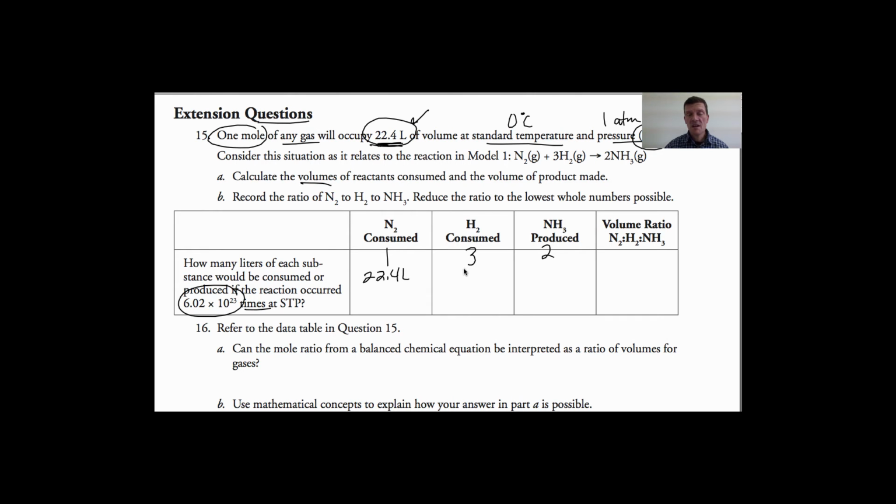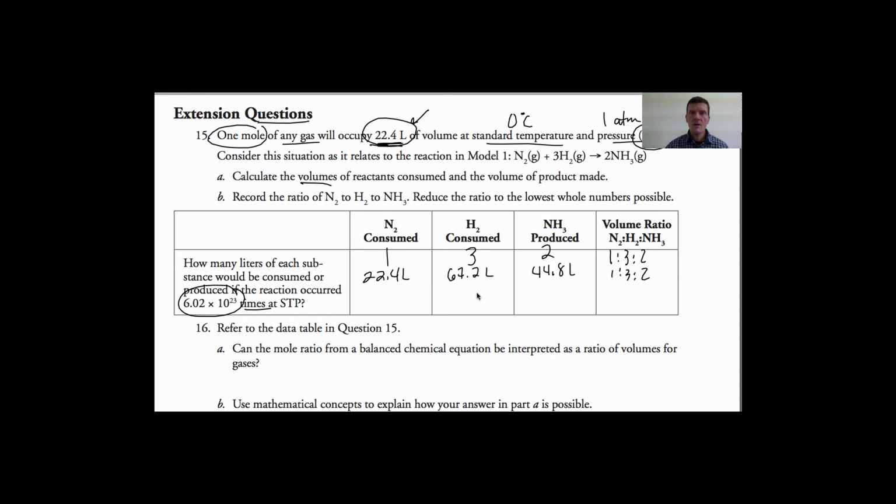This would be 3 times 22.4, so that's going to be 67.2, I believe. Okay, 2 times 22.4, so that's 44.8 liters. But it's still a 1 to 3 to 2.